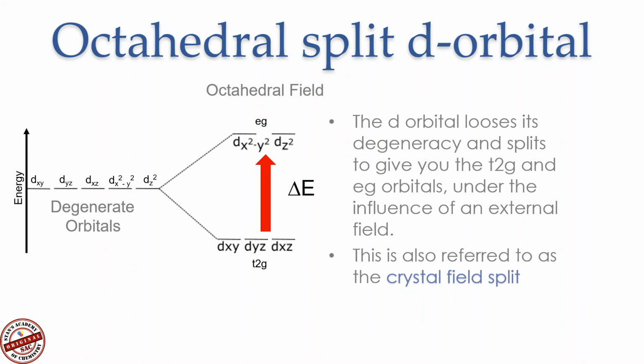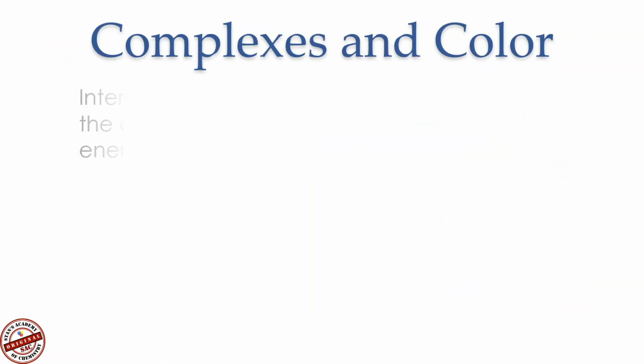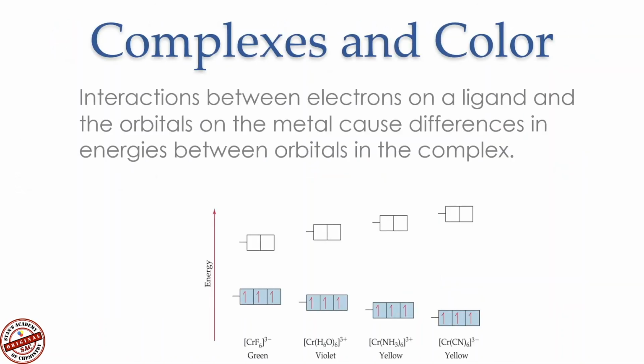Now let's take an example and see how this works. Here we have complexes of chromium. The first one is CrF6, the second one is Cr(H2O)6, Cr(NH3)6, and Cr(CN)6. If you look at the delta E values for all of them, it keeps increasing.